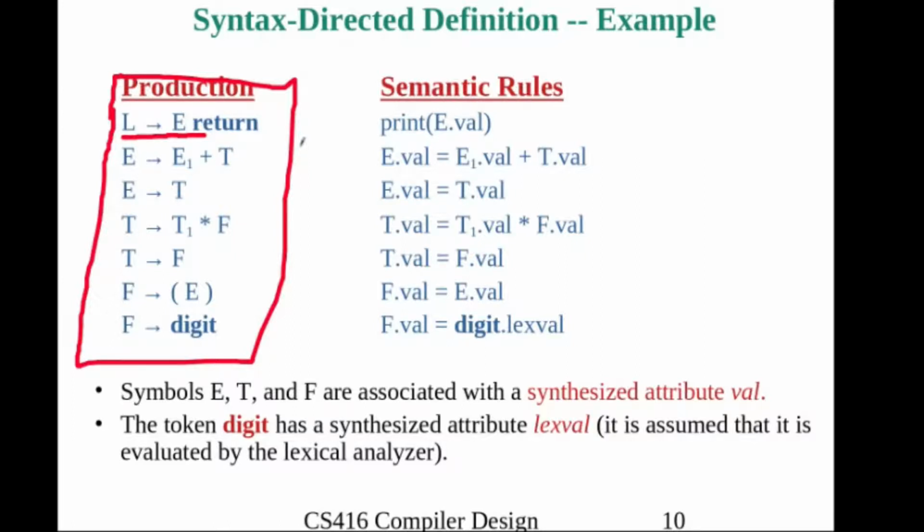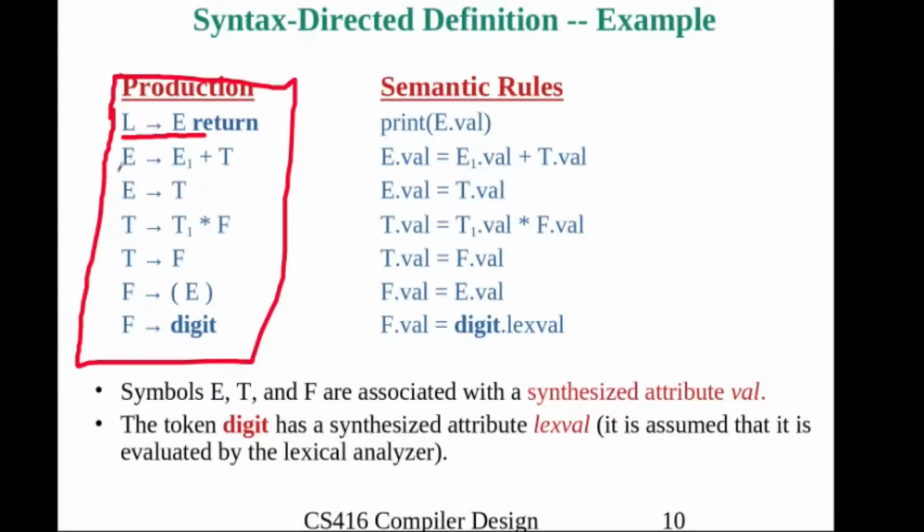That means previously we had E as the root, and whenever we reach the root, that is the end of the parse tree. After the root, if you have a return, then that indicates the end of the statement. That is why this return comes.